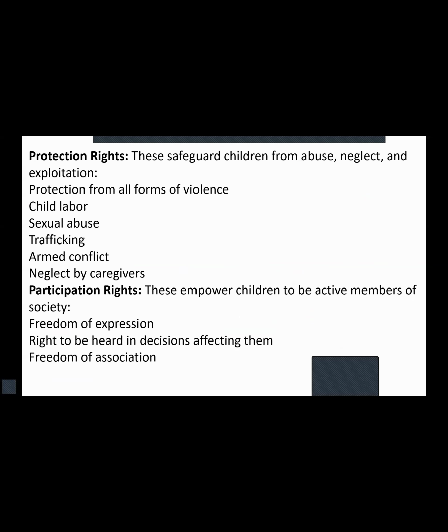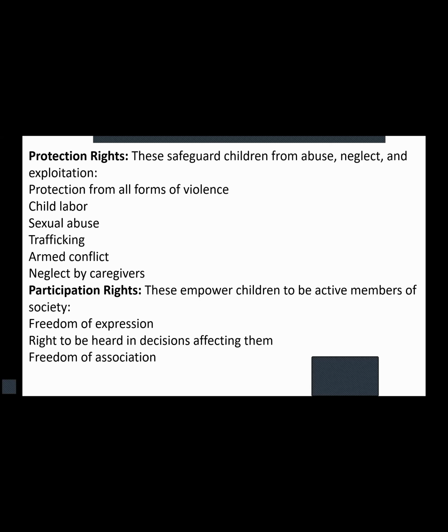Protection rights. Under protection rights, these rights are there to safeguard children from abuse, neglect, and exploitation. So just to safeguard children from these three, abuse, neglect, and exploitation, protection rights are there.